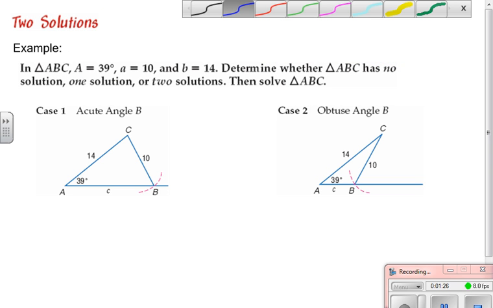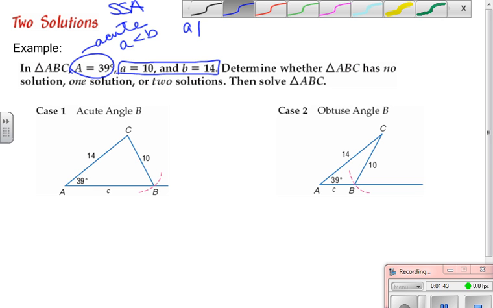Now what can happen with that side-side angle option? If A is acute, the flowchart says, how do A and B compare? I have A less than B, and then I have to look at how does A compare to B sine A. So in this case, how does 10 compare to 14 times the sine of 39?